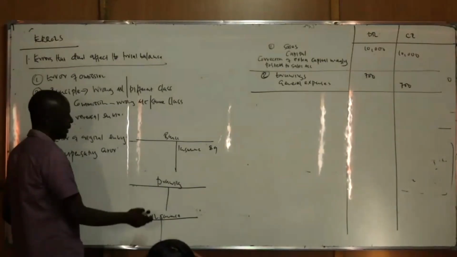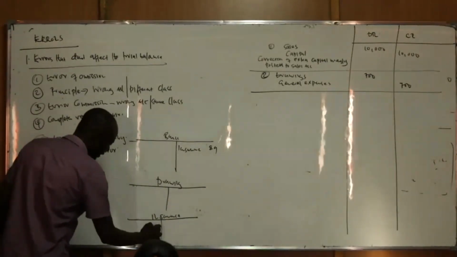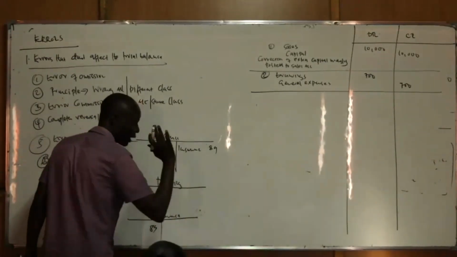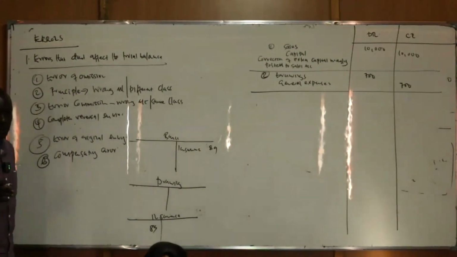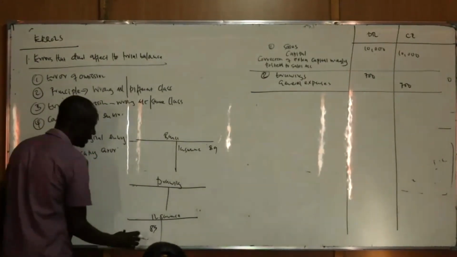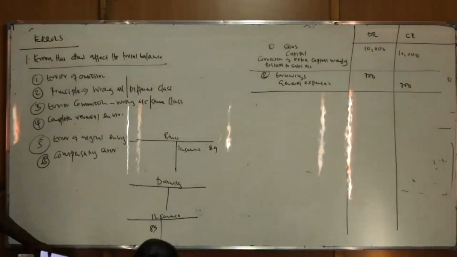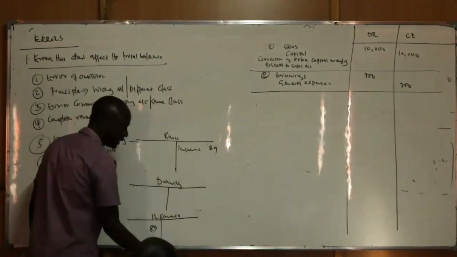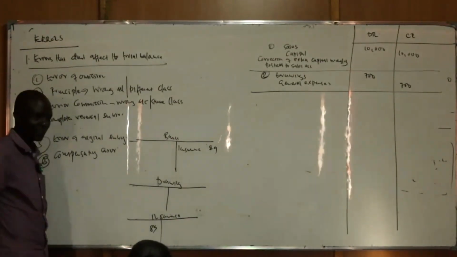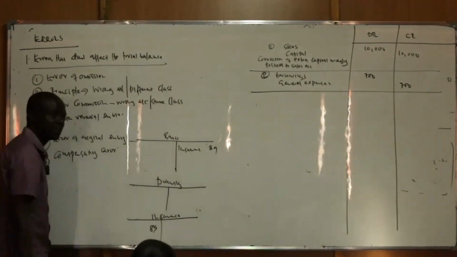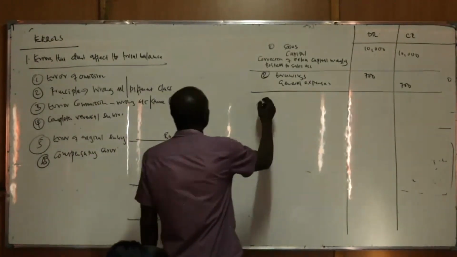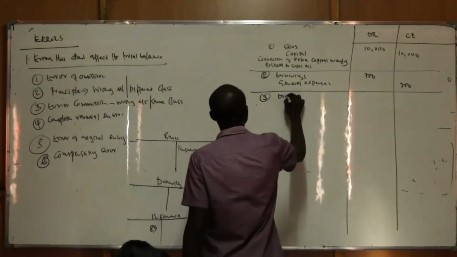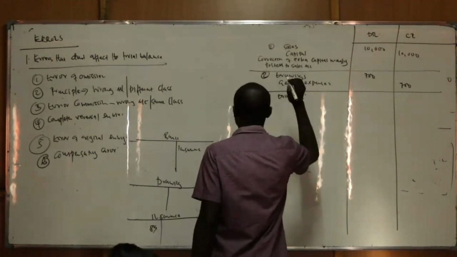It was supposed to have been debited to drawings. This is what they did: they credited bank, which is correctly done, no problem, and they debited the wrong account of insurance instead of debiting drawings. So we are going to cancel the insurance by crediting it so that the amounts cancel each other, then we debit drawings. So here, number 3, we write drawings, correct?